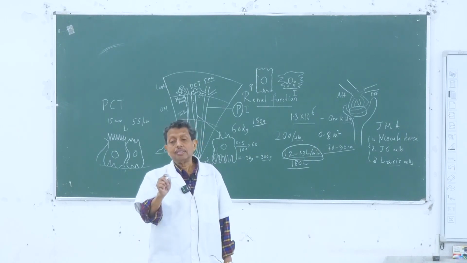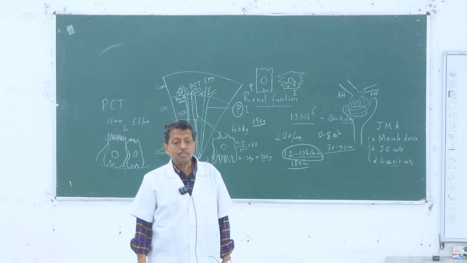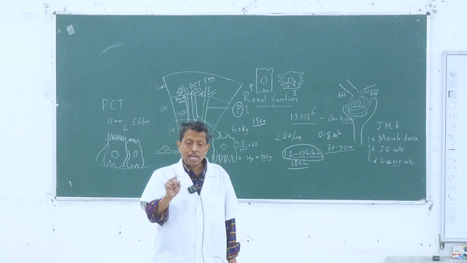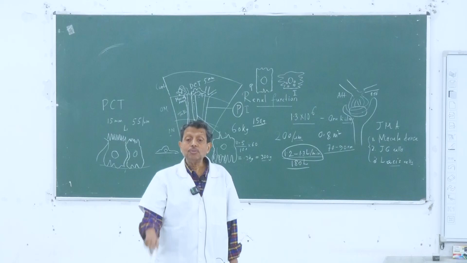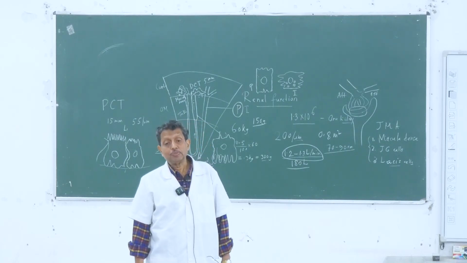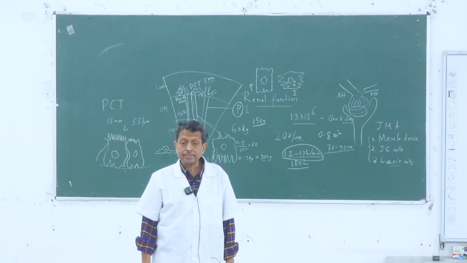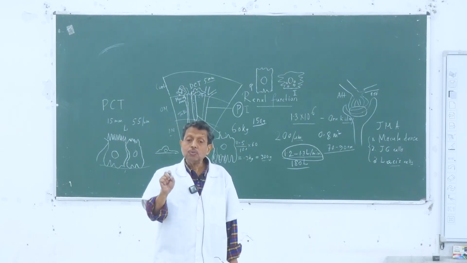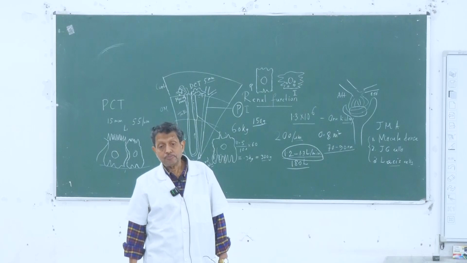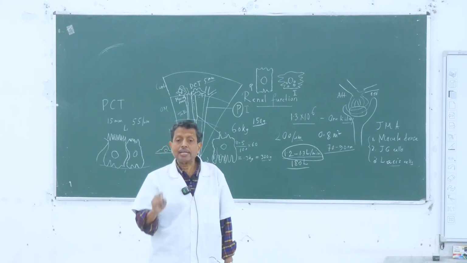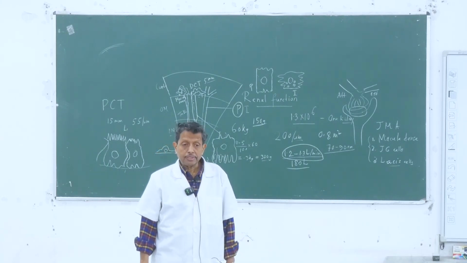From the interlobular artery, from the sides, the afferent arterioles arise, and from the afferent arteriole it gives rise to the capillary branches of the glomerulus, which then drain into the slightly smaller efferent arteriole.